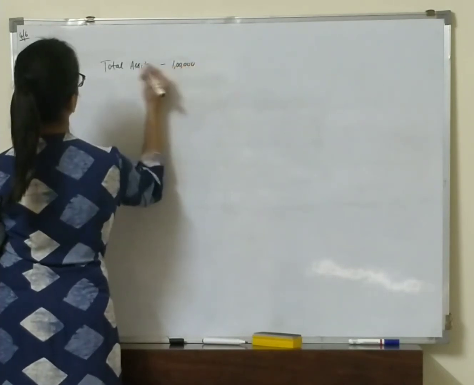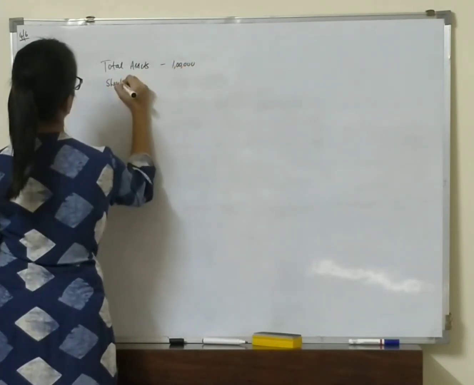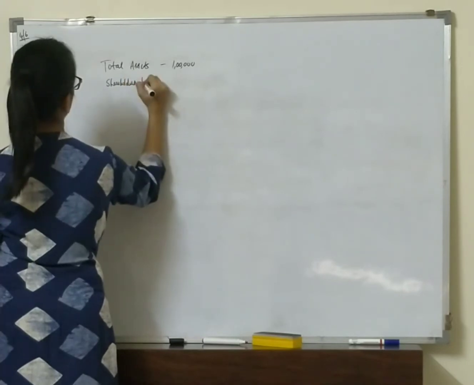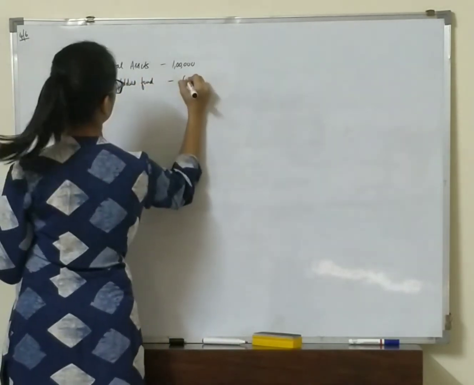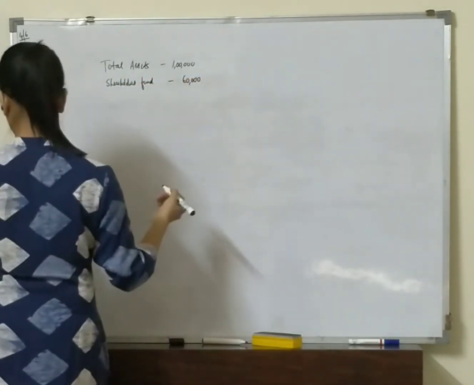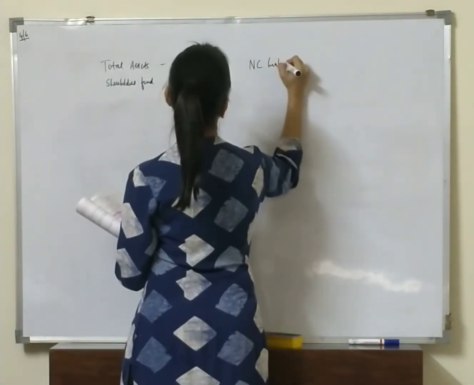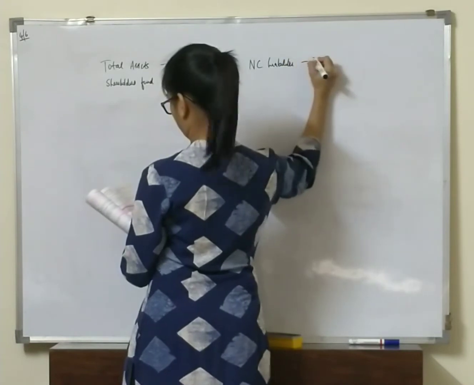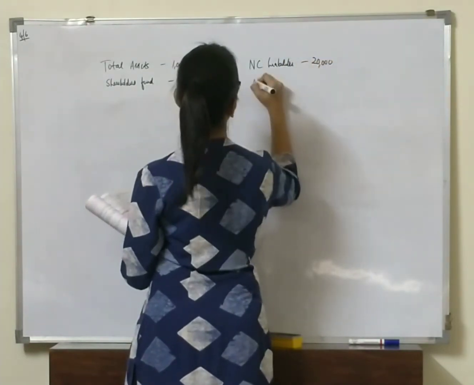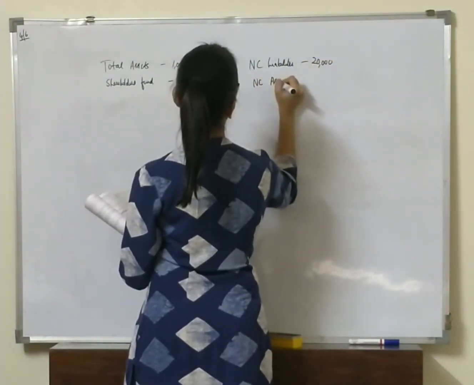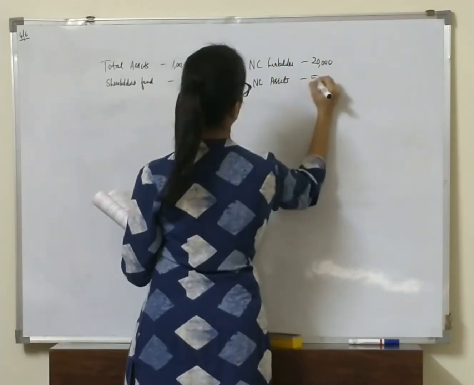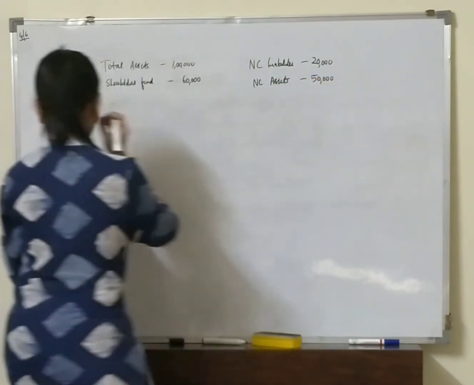Shareholders' fund 60,000. Non-current liabilities 20,000. Non-current assets 50,000. What should we find out?